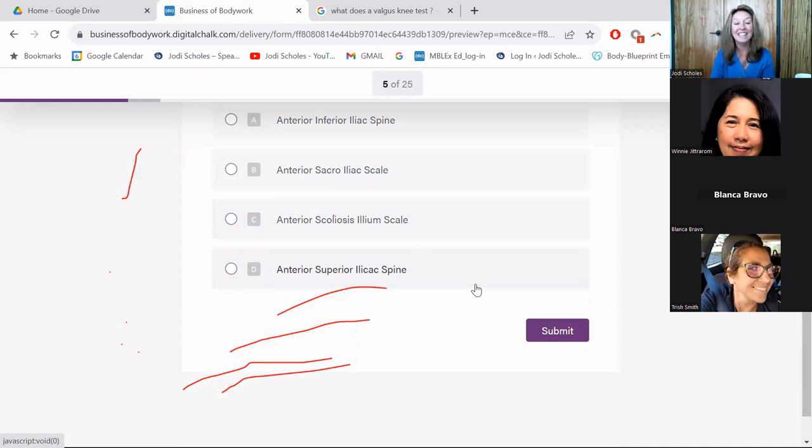The ASIS. Can you eliminate one right away? Can we eliminate A right away? We can eliminate A right away because AIIS. Let's see. Boom shakalaka. Yes. Good.